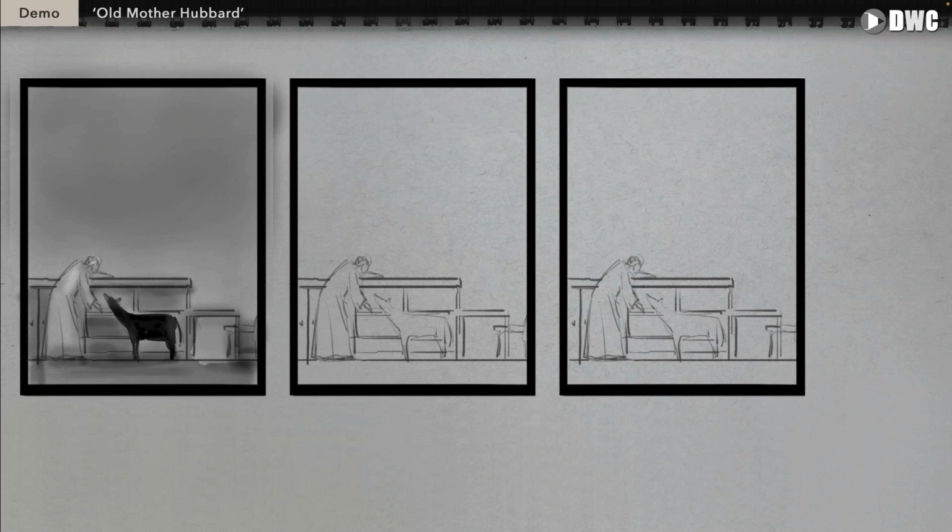I wonder if the dog is spotted. How would that look versus just a solid black, dark shaped dog? Hmm.